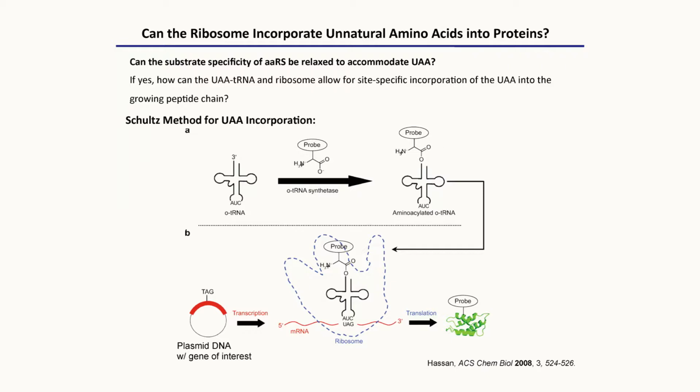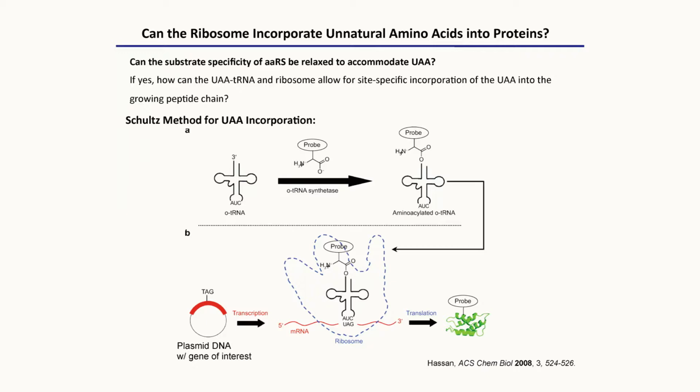And then what? Imagine this tRNA can make its way to the ribosome. What happens? We need a codon for this amino-acyl tRNA. It needs to carry the anticodon, and we're going to talk about this in some more detail in a minute. So we can have a plasmid that has the DNA with the gene of interest in it, right?